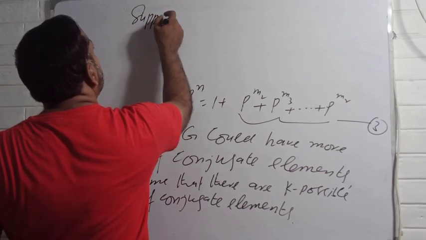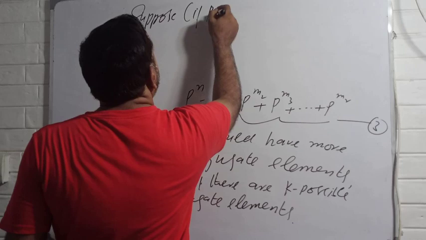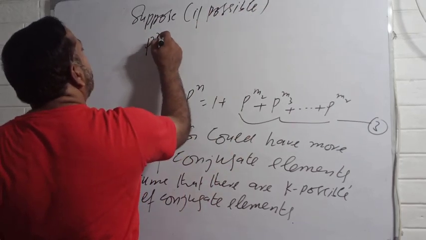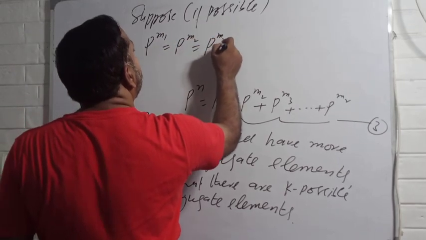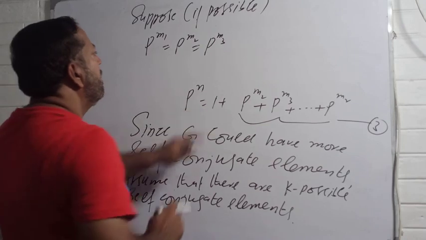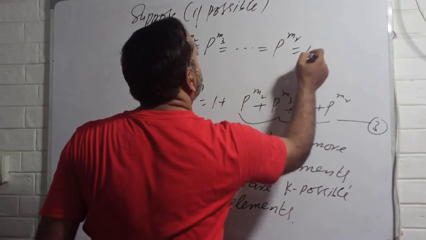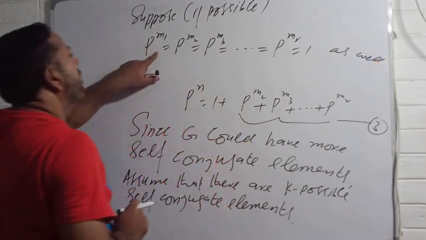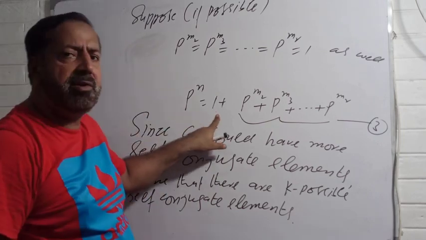Okay, so suppose, if possible, Pm1, Pm2, Pm3, of course Pm1 is also equal to 1, and so on up to Pmk are equal to 1 as well. You may start from Pm2 because we already have supposed that Pm1 is equal to 1.